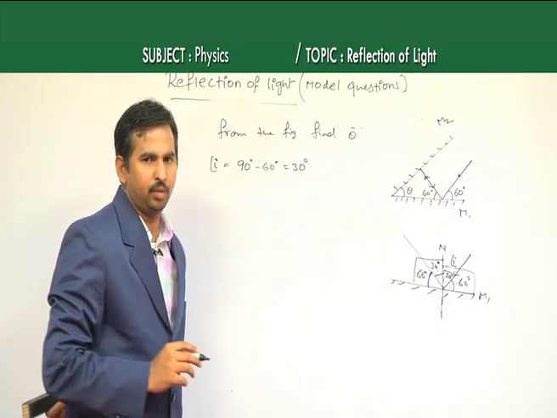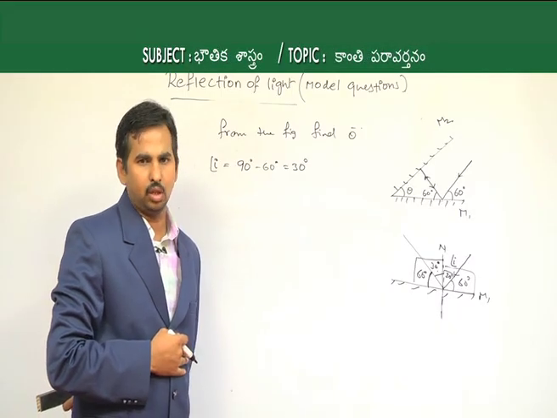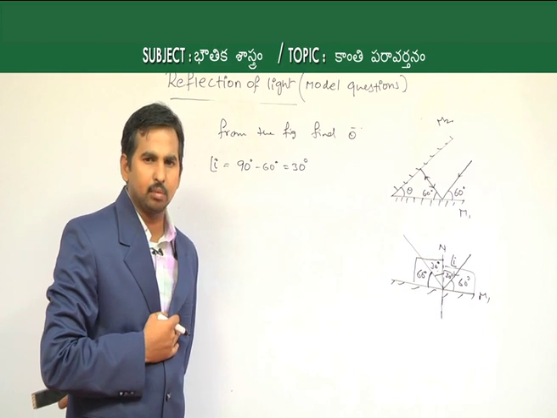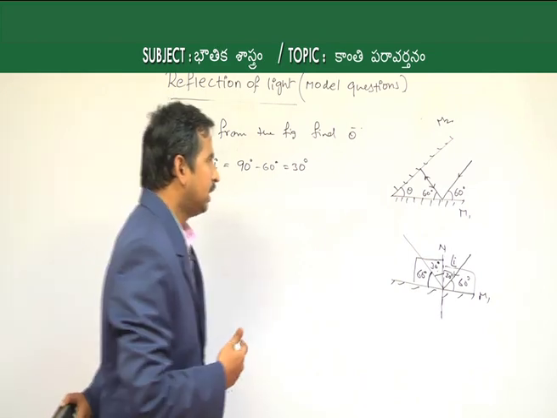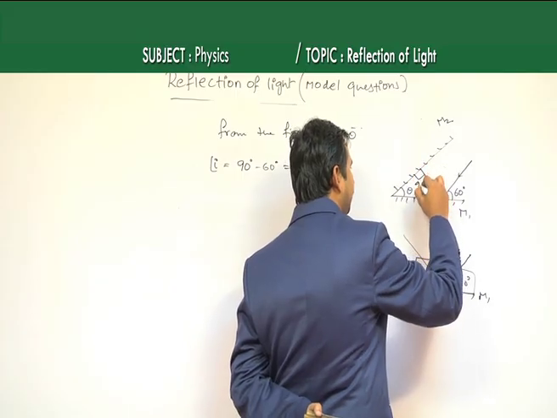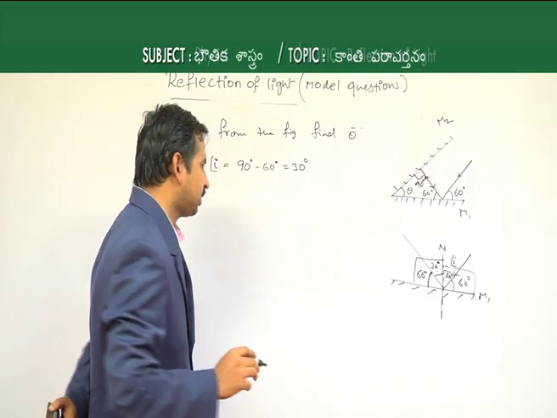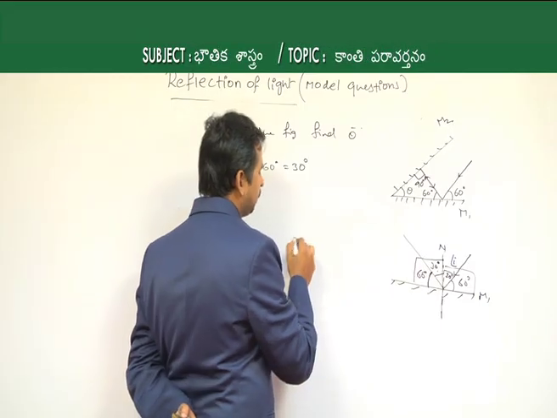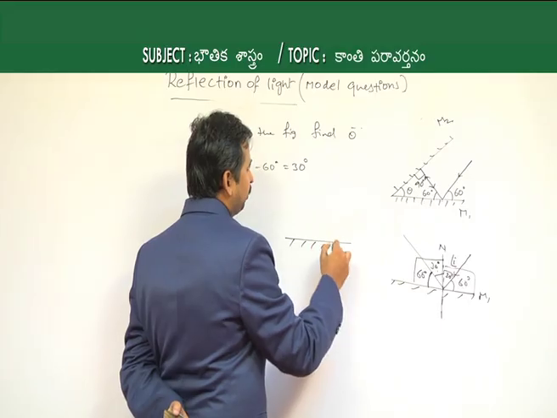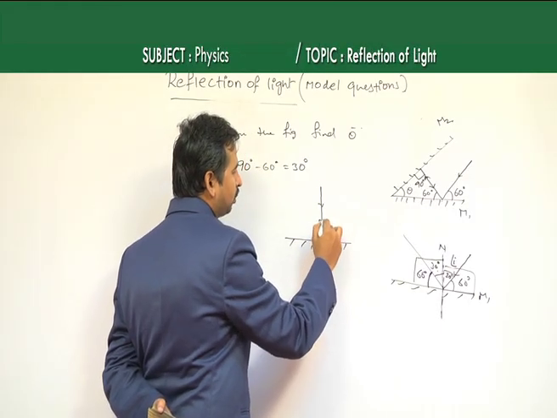As the light ray is retracing back along the same path, the light ray must strike along the normal.